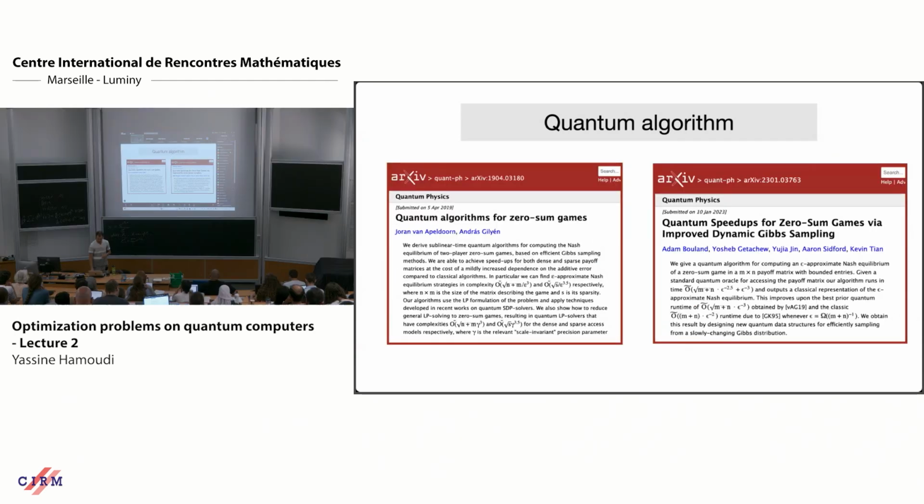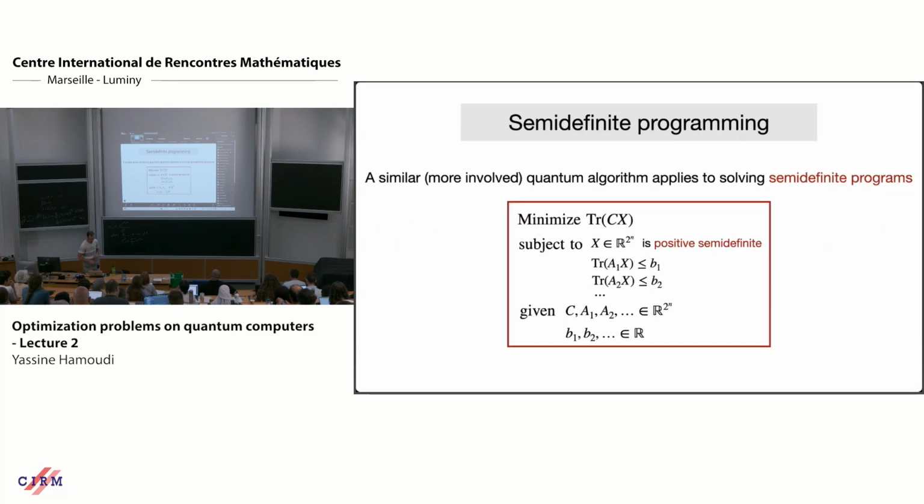So these are the references. If you want to know more about how it works, there are some nice data structures which are also used to prepare the quantum Gibbs state more efficiently. There are very beautiful algorithmic ideas behind these techniques. And actually, you can push this technique even further. You can solve the so-called semi-definite program, which is an even larger class of optimization than just linear programs.